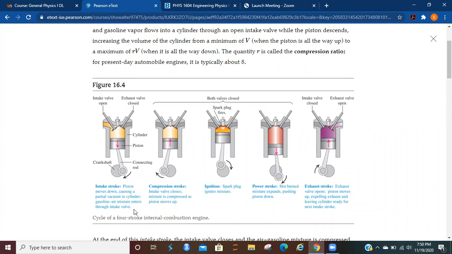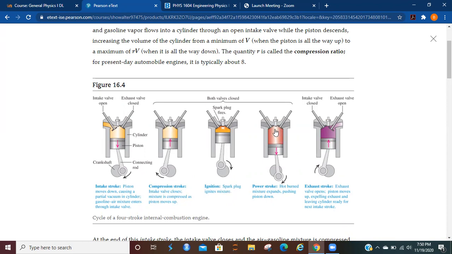And your gasoline air mixture enters into the cylinder from that intake valve. So it comes around to the compression stroke, and then the intake valve closes. The mixture is compressed as the piston moves up because the piston is pushing against that mixture.